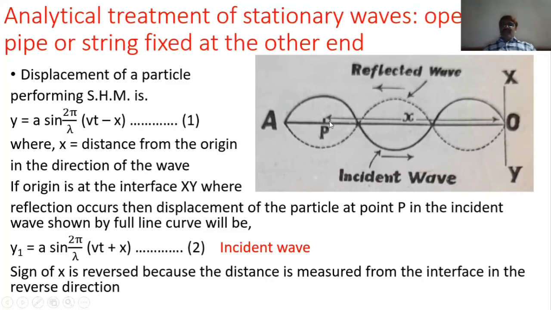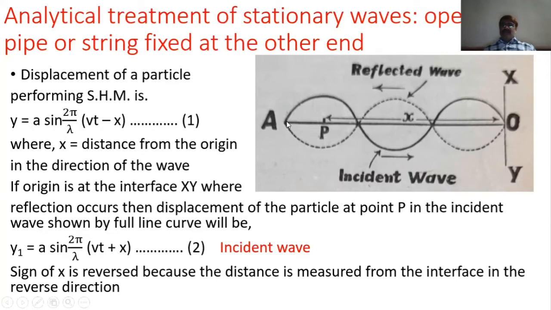Now if we are measuring the distance of point P, not from point A from which the wave has started, but from the point O, that means in the direction opposite to the direction of progression of the wave.